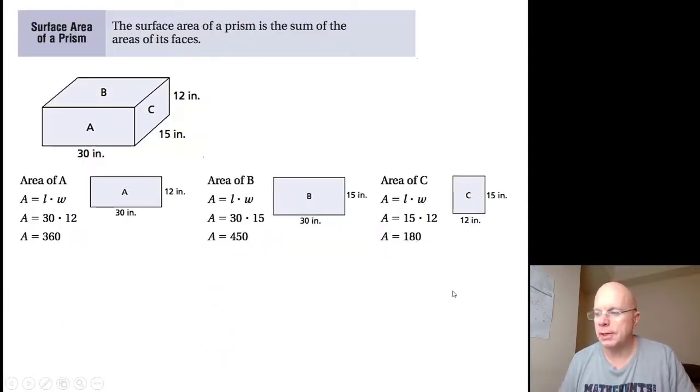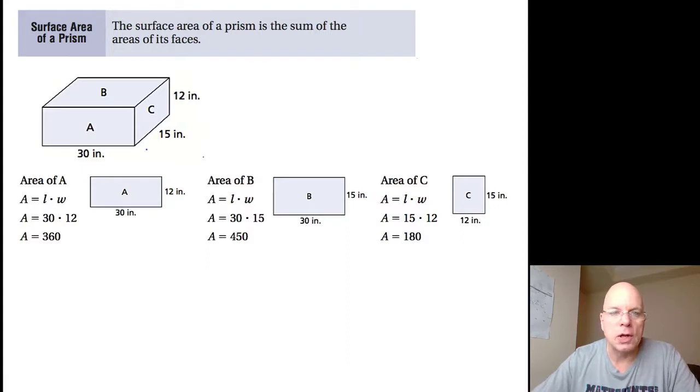Alright, so here's the framework for solving surface area. If we did this one together in the Zoom, I have no way of knowing at this moment, because I'm doing this way before Monday, then you skip forward to the next slide and do one of the practice problems on your own. But if not, please pay close attention to this. This rectangular prism has its dimensions shown. This distance is 30 inches, 15 inches, and the height is 12 inches.